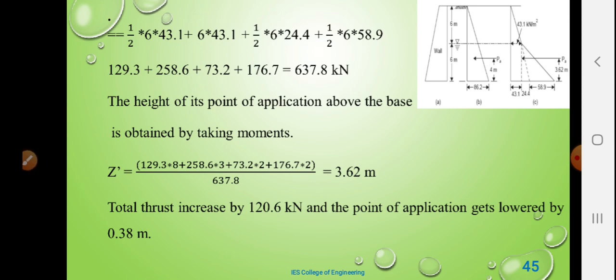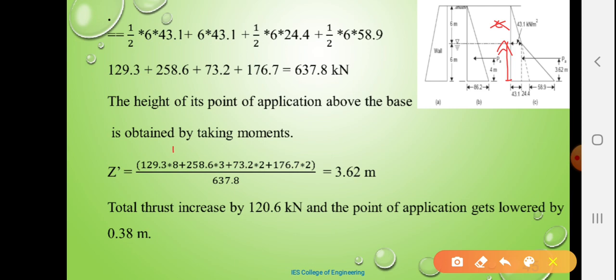So, the height of its point of application above the base is obtained by taking moments. So, Z dash equal to area of this triangle into centroid of the triangle into height up to this. That means height up to this equal to 6 meter plus centroid of the triangle, 6 by 3 equal to 2. Therefore, 6 plus 2 equal to 8.